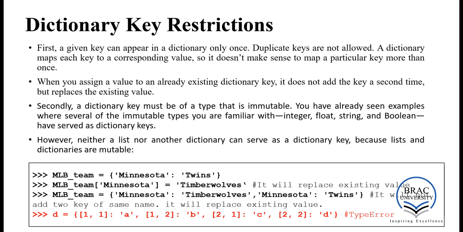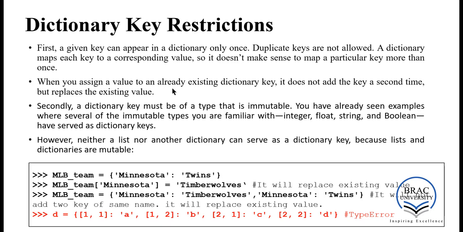It would be against our main motive of a dictionary, right? Using a dictionary we want to retrieve the value from a key. If we have duplicate keys, how can we retrieve a particular value, right? So that's why it cannot be duplicated. I will explain that with code.